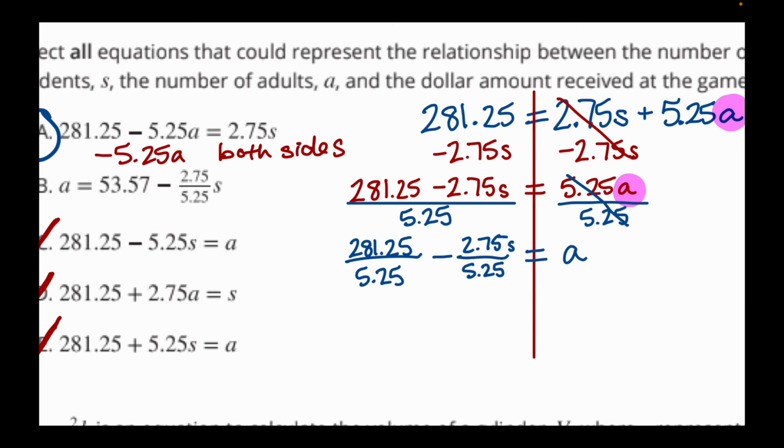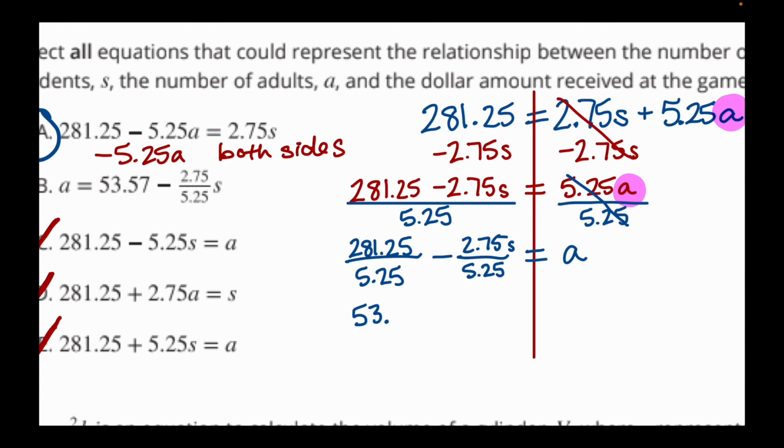yeah, they actually do have that in this answer here, so that looked familiar. So we very well may get this as our answer. Let's simplify this part and see what number that comes out to be. So 281.25, if I divide that by 5.25, I am going to get 53.